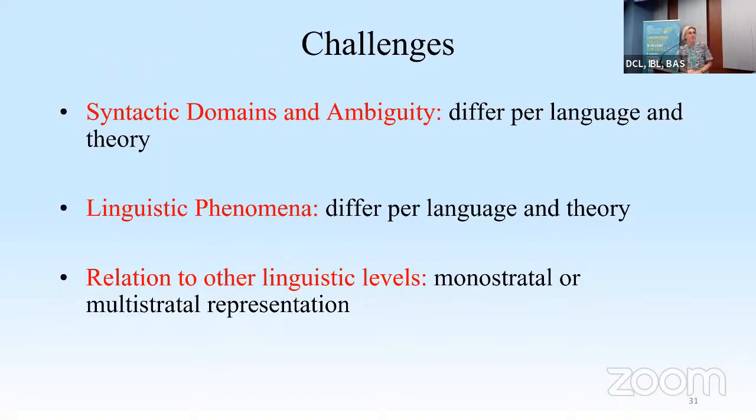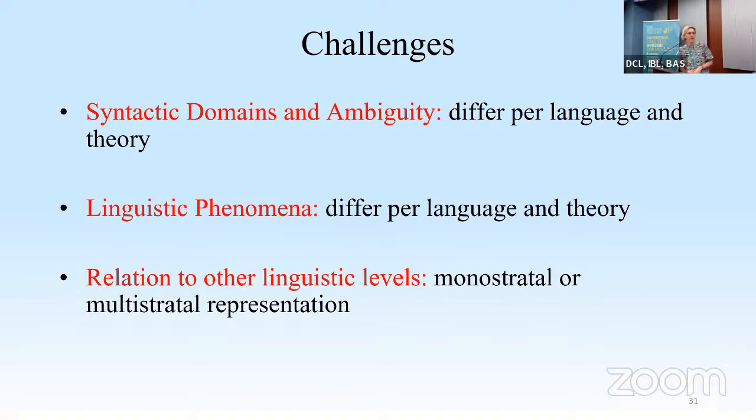Okay, challenges. Syntactic domains and ambiguity. Of course, if we want to compare with other languages, this is a problem. A linguistic phenomenon, whether we assume that it is the same phenomenon in the languages or different. The clitics, are they the same as in the Romance languages or not? And things like this.